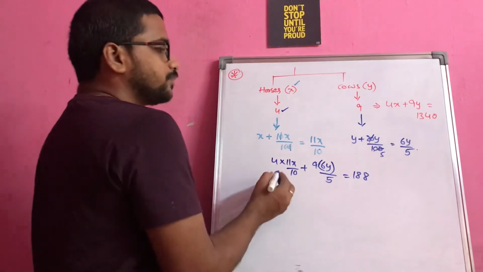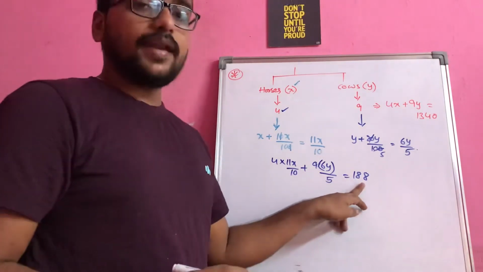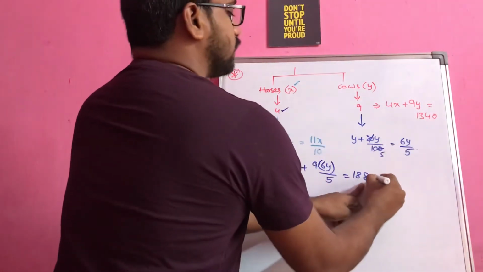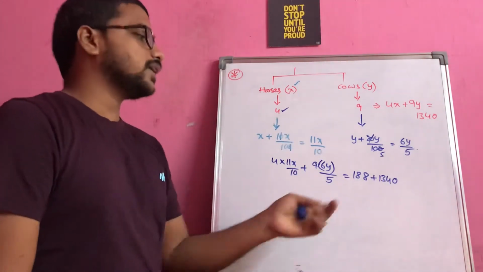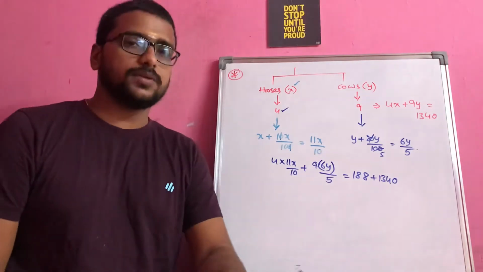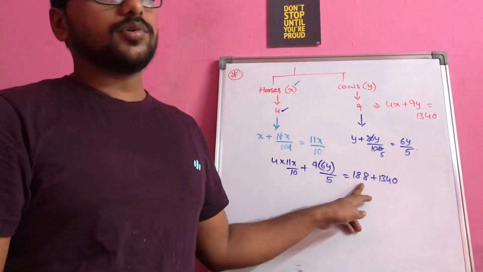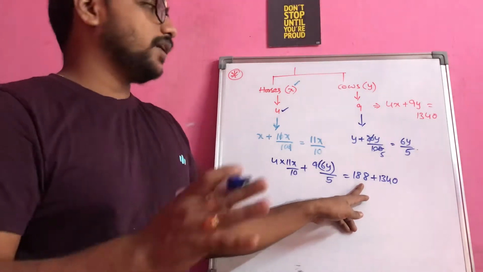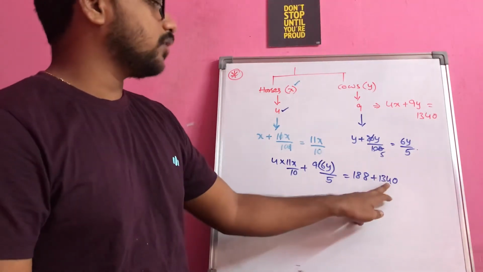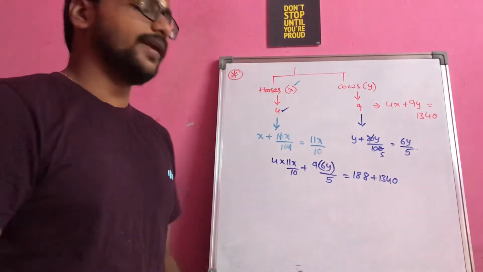Right? So this is a gain. That means already he has invested an amount of 1340. So total his amount will become 1340 plus 188 rupees, because they said it is the gain amount. So whatever he bought, that also we have to take into account, right? That's how 1340 plus 188 rupees.